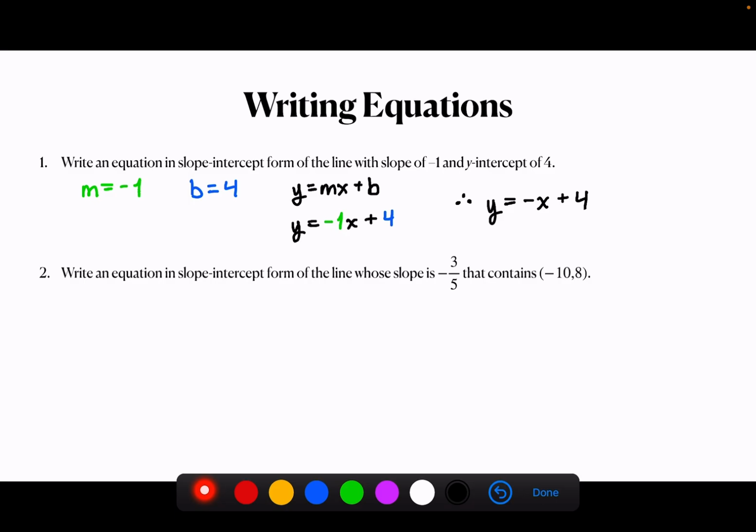And usually, yes, you can write it as 4 minus x if you wanted to, just so you don't have a negative in the first term, but it really doesn't matter. This tells us that our slope is down 1 over 1, starting at 4 on the y-axis.